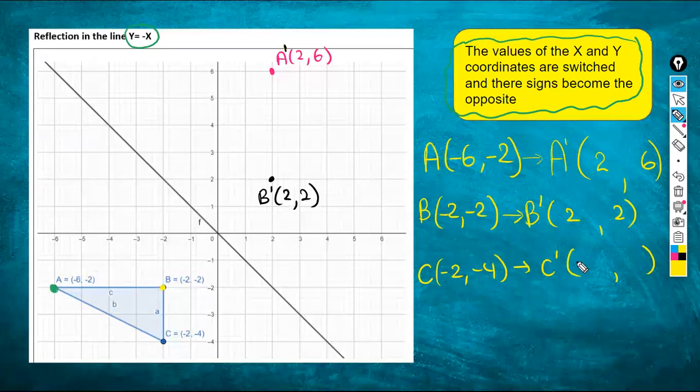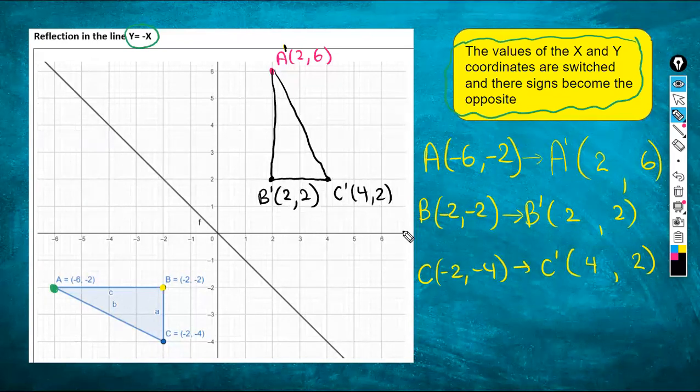So minus 4 will go here and minus 2 will go here, but then you have to make each one the opposite. The opposite of minus 4 is positive 4. The opposite of minus 2 is positive 2. So that will end up where? At (4, 2). 4 on the x and 2 on the y. And when you connect this up, this will be the reflection.